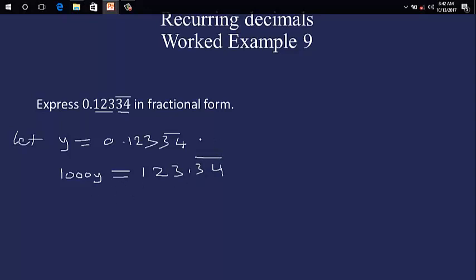So this is equation 1, and equation 1 times 1000 gives us this, which is equation 2. Now we need to cater for the repeating part, which means we should multiply by 100,000.